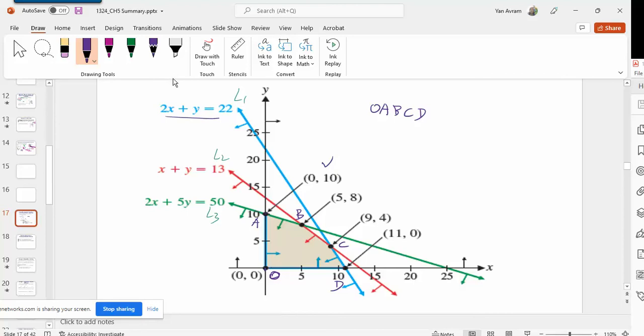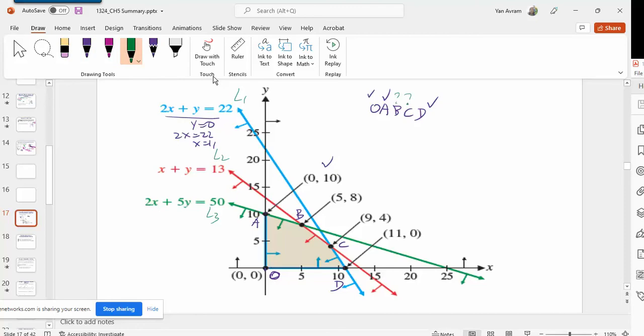When y is 0, 2x equals 22, or x equals 11. So this point here is 11 and 0. Those points are already known. So we can find the O point, the A point, and the D point very quickly. One thing is, how do you find points B and C?